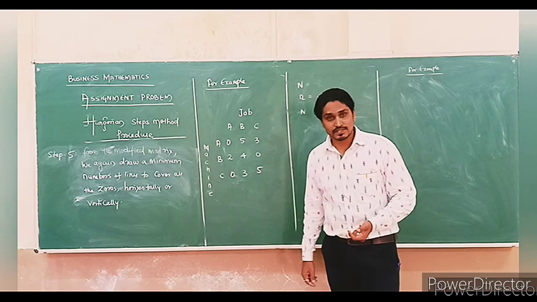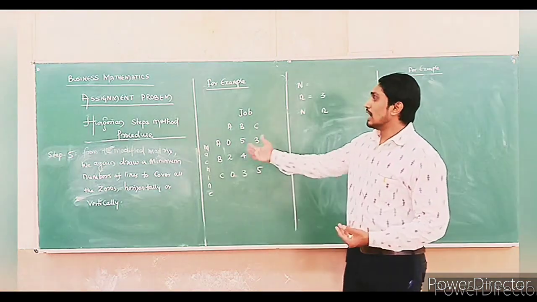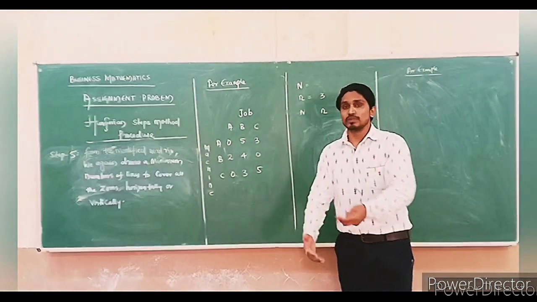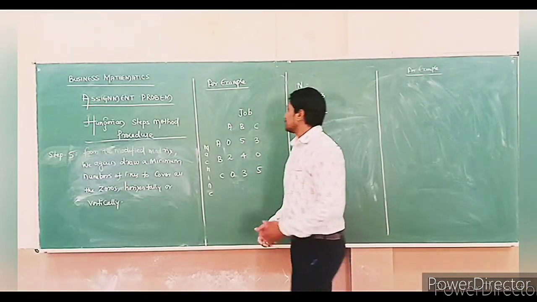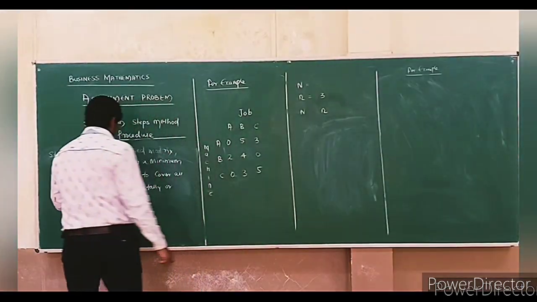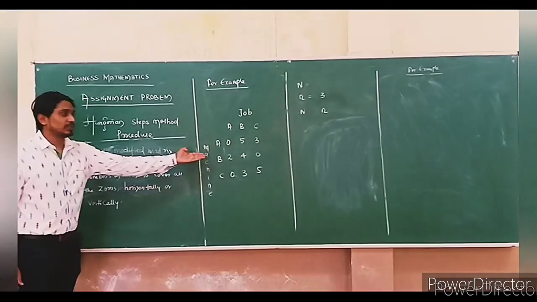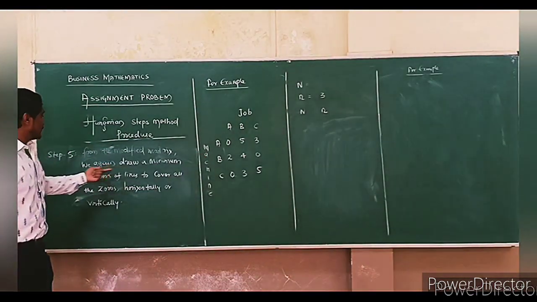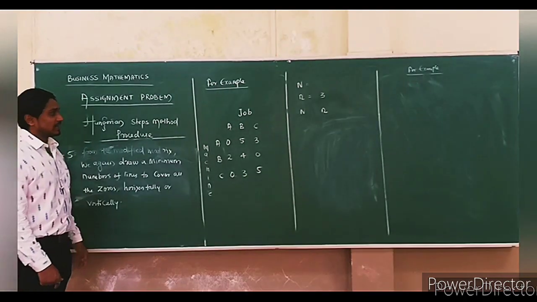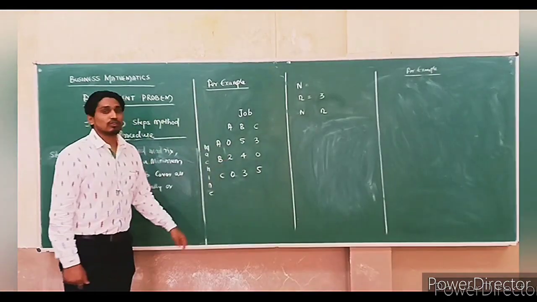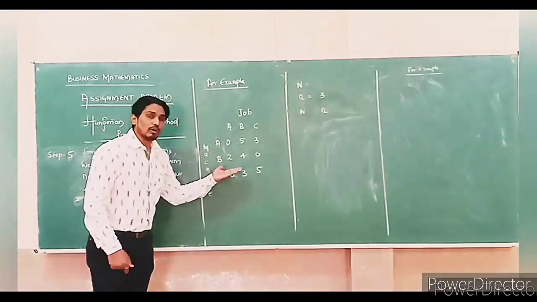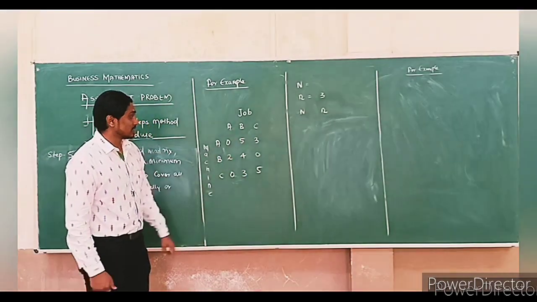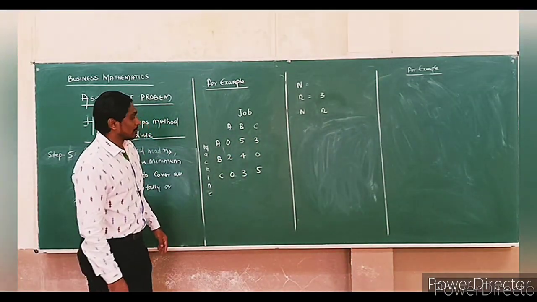The same previous step we need to apply again for loop 2. Here we'll understand step number 5 with a continuation of the example. We draw the minimum number of lines to cover all the zeros horizontally and vertically. I already explained you in the previous example.